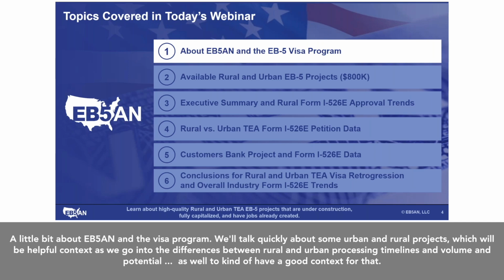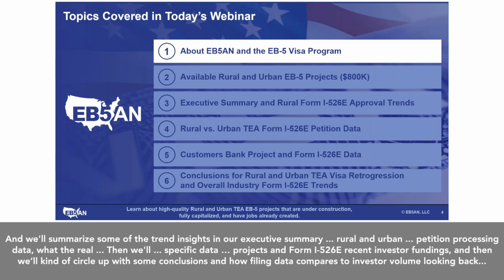And we'll summarize some of the trend insights in our executive summary, rural and urban format petition processing data, specific data with respect to projects and for I-526E recent investor fundings, and then we'll circle up with some conclusions and how filing data compares to investor volume looking back.